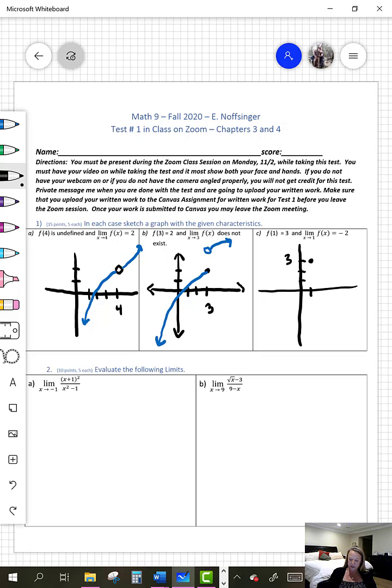But we're approaching -2 as we look at the limit as x is approaching 1. So we're going to have an open circle here, and the graph has to come to it on the left and to the right, but never actually get there. So that's the first problem. That's worth 15 points altogether.